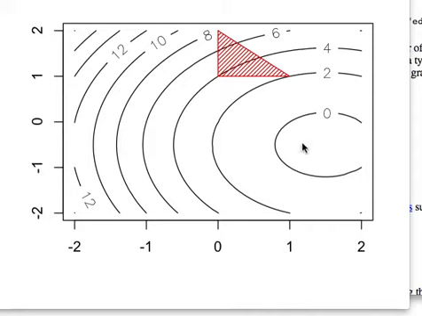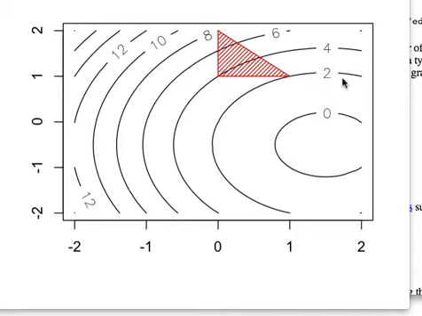So if you just look geometrically at this problem, you should realize that given the levels that you see here, I hope you can read them comfortably, minimizing this function means finding the point at which my triangle touches a contour level for the smallest possible level.